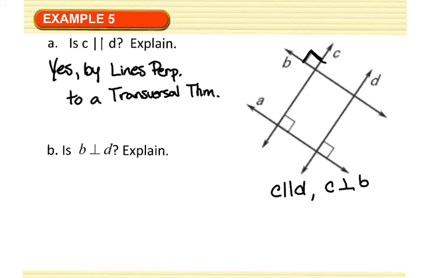Well, if we know this, then we can use that first theorem that we just looked at on the previous slide, the perpendicular transversal theorem, to say, well, if these lines are parallel and B and C are perpendicular, this one must be perpendicular too, because they're corresponding angles.